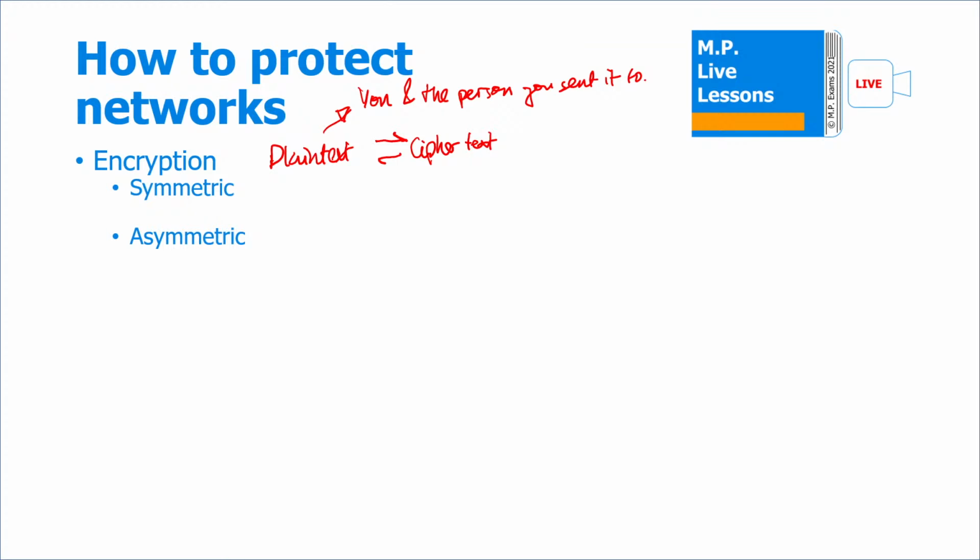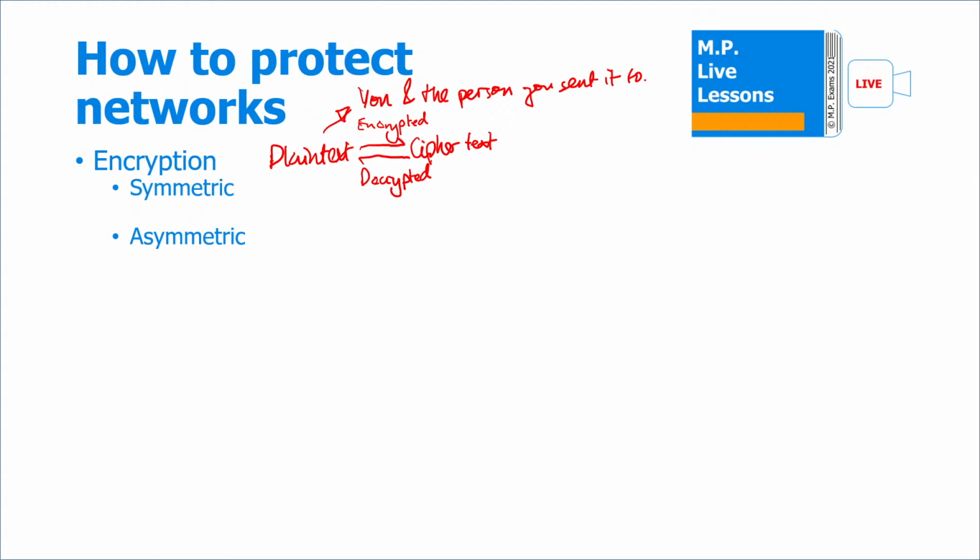So first it will be encrypted, going from plain text to ciphertext, whereas it will be decrypted when going from ciphertext to plain text.